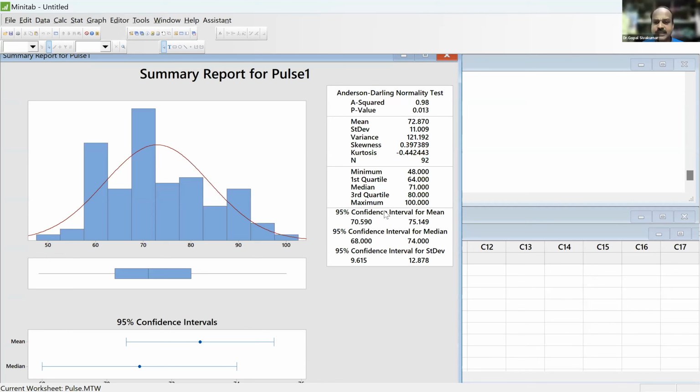No. It will be in an interval, and that interval, can you see here? What do you see? 70.59? 75. If I take another 100 readings, my mean will not be exactly 72.87, but at least it will be in this range. Okay.